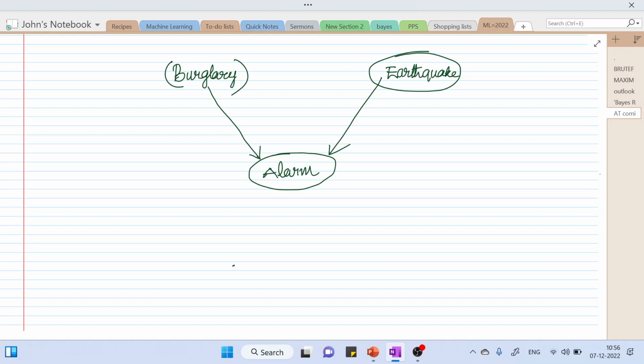So here, the probability of burglary is 0.001, and the probability of earthquake is 0.002. Even if the alarm rings, what is the use? He will not be at home. He is at the office.